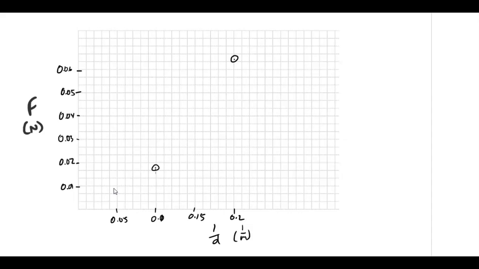The next point is at 0.066, which would be somewhere around here, and 0.07, looking like that. 0.05 and 0.4, looking like that, and 0.04 and 0.3 looks something like that.